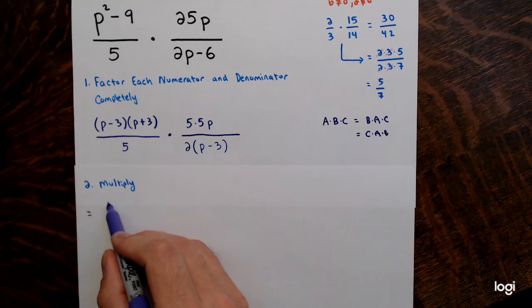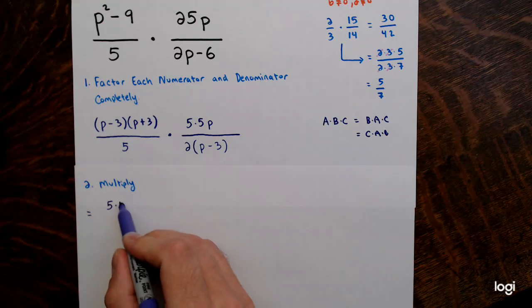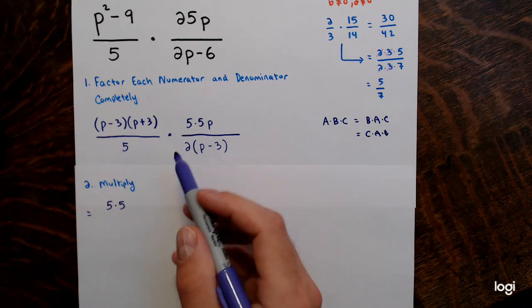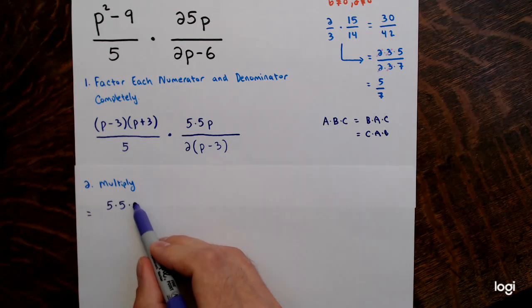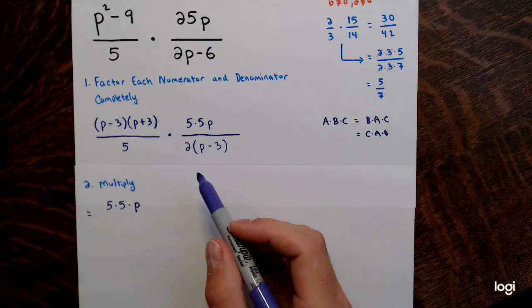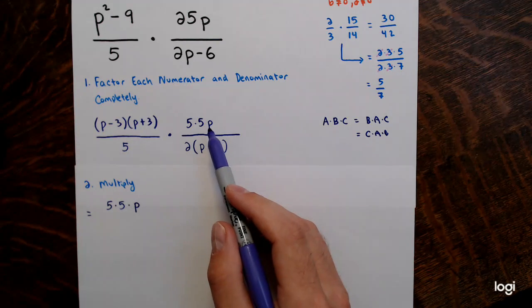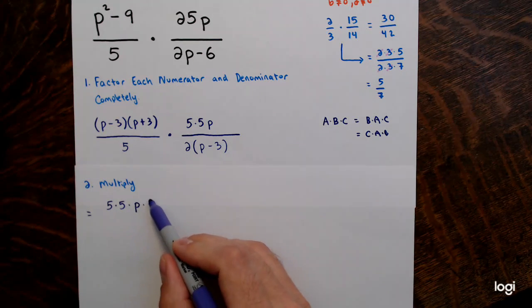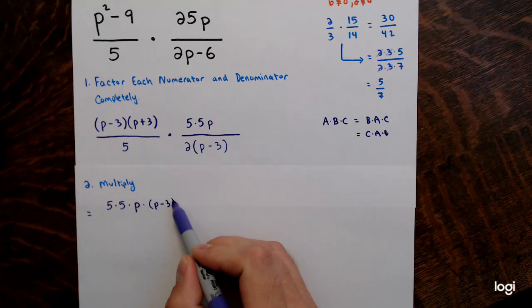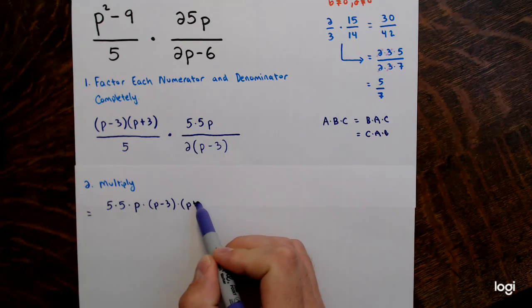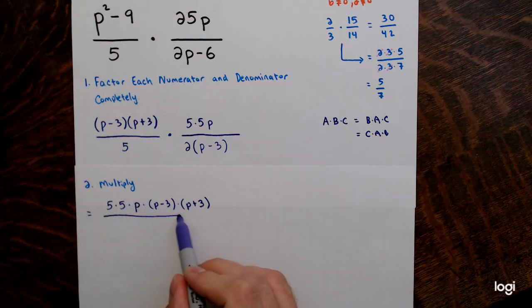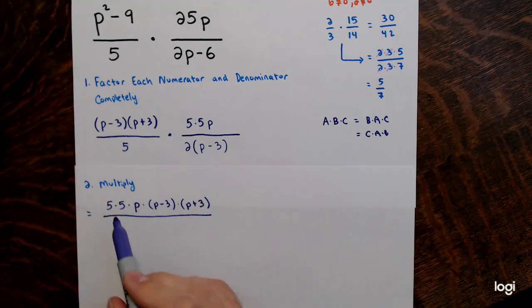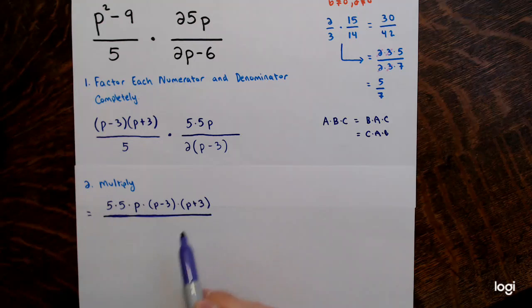So in the numerator I have factors of 5 and 5, my numerical factors first. And then, again, it doesn't matter what order you put the factors in, I'll put the 5 times p first, and then p minus 3 times p plus 3. I don't really need all the dots here, but that indicates multiplication. And that whole thing is the new numerator now.